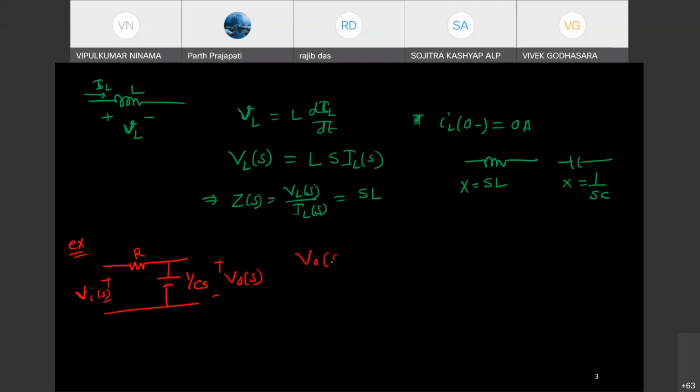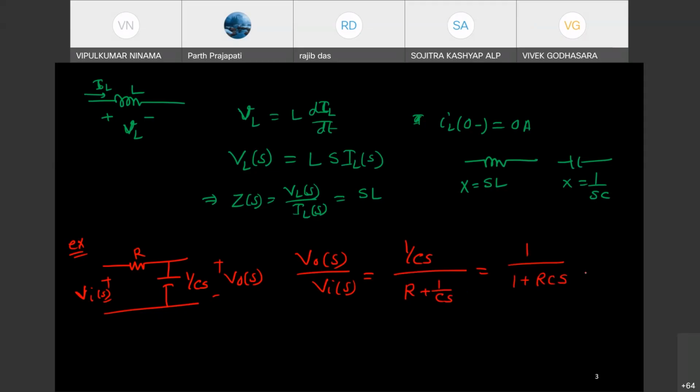So this transfer function V_0(s) upon V_i(s) will be the impedance of the capacitor, 1 upon Cs, upon total impedance R plus 1 upon Cs. If you simplify it, you will get 1 upon 1 plus RCs.